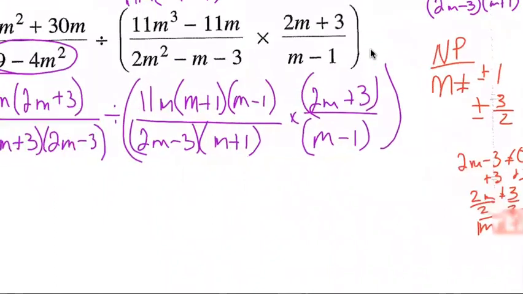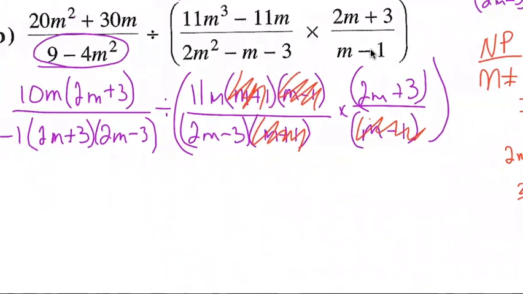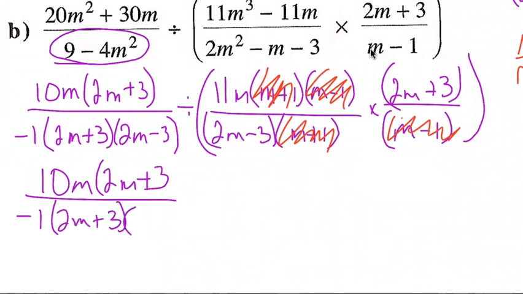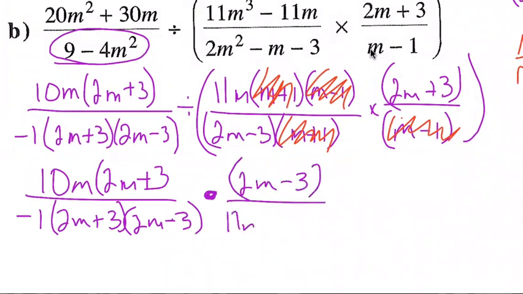Now I can cancel inside my bracket. Plus 1, minus 1, minus 1. That will leave me with 10m, 2m plus 3, all over negative 1, 2m plus 3. Oh, I see, there's a canceling that I could have done already. 2m minus 3 times, I'm going to flip now, 2m minus 3 over 11m, 2m plus 3.